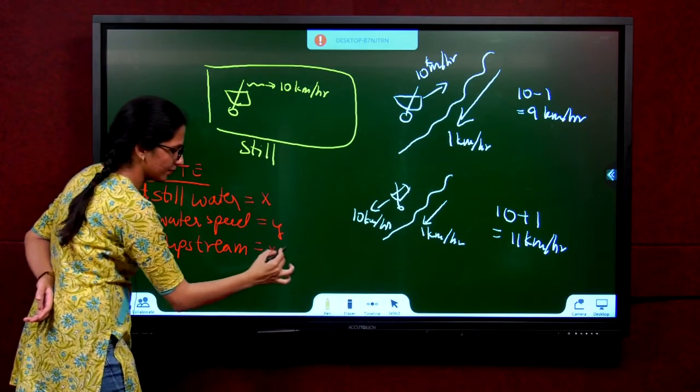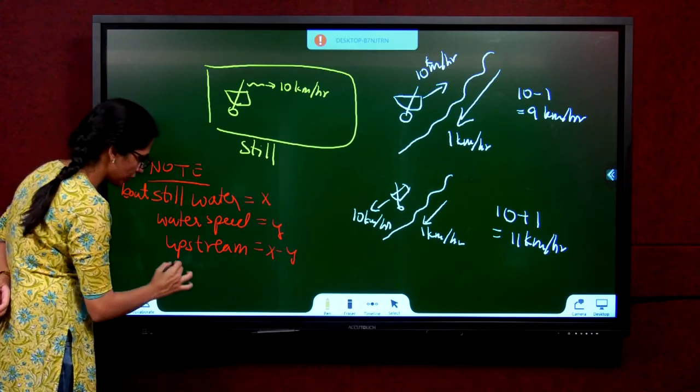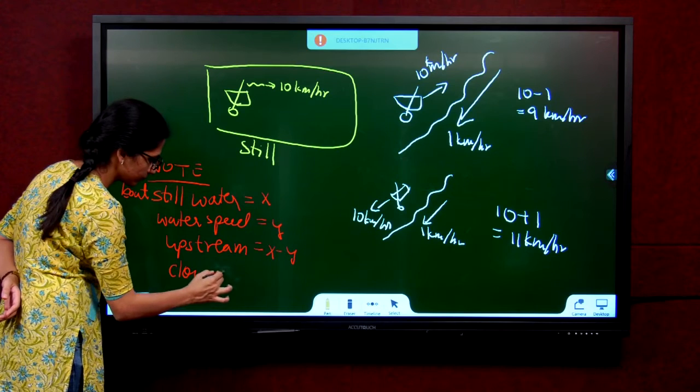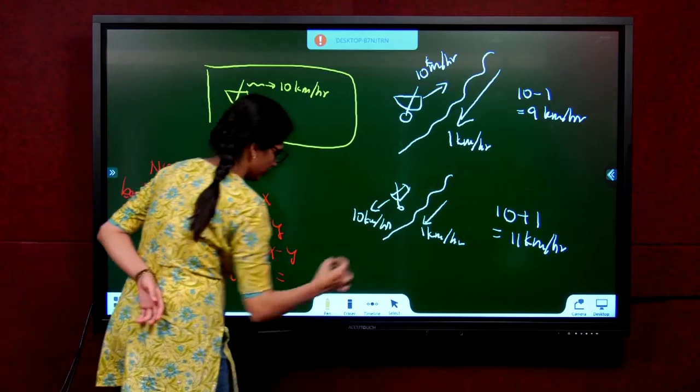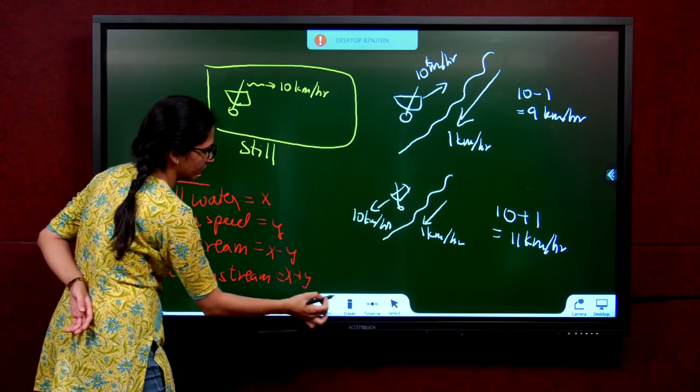So x minus y. What will be the speed of the boat downstream? 10 plus 1, x plus y.